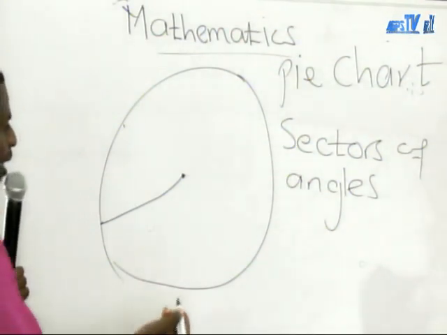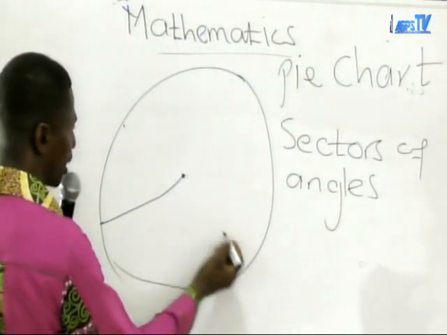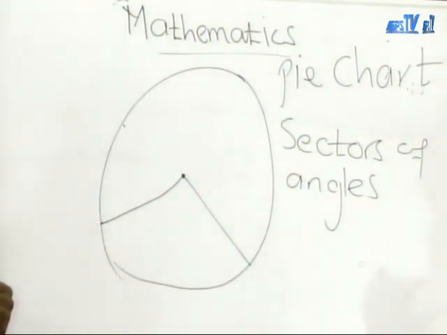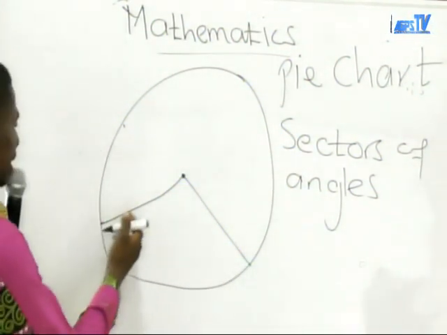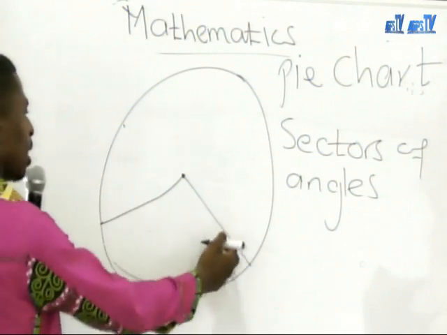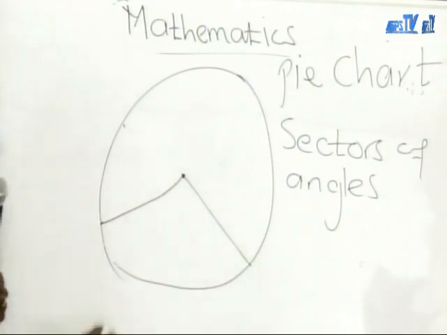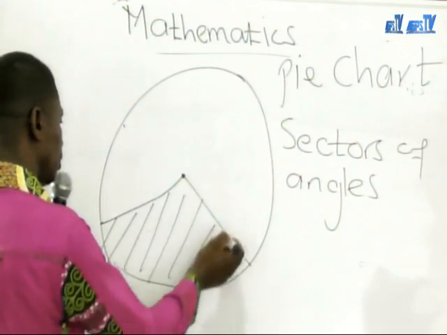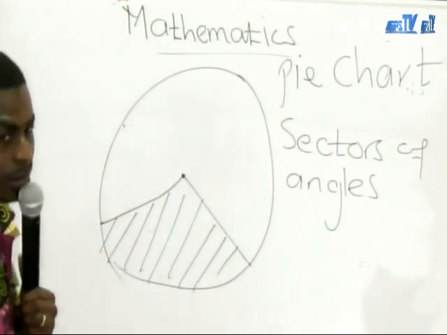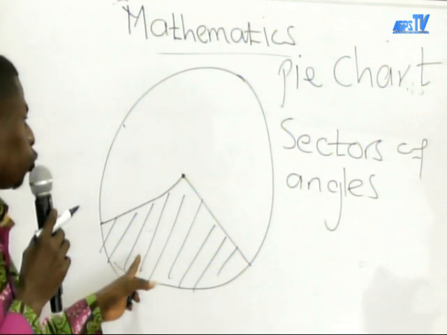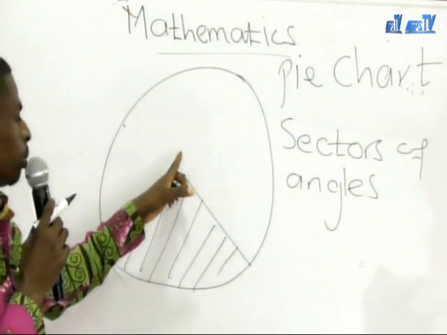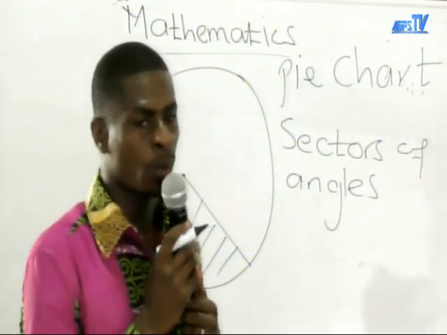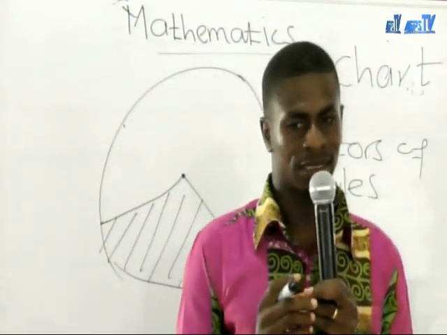If I also draw another line from this part to the center, I have another radius. So this is the place bounded by the two radii. And this is what we call a sector of a circle. And so we are going to have that information, put it on sectors and represent it as a pie chart.